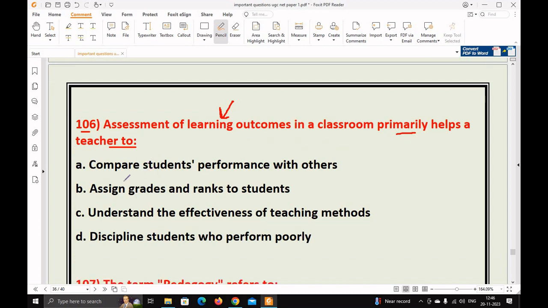Options are compare students' performance with others, assign grades and ranks to students, understand the effectiveness of teaching methods, discipline students who perform poorly. So, assessment of learning outcomes in the classroom helps a teacher to. The right answer is option C. Understand the effectiveness of teaching methods.